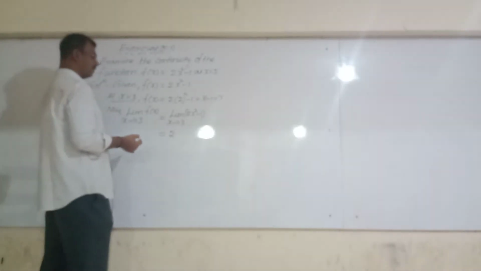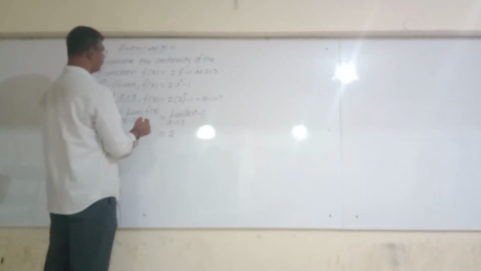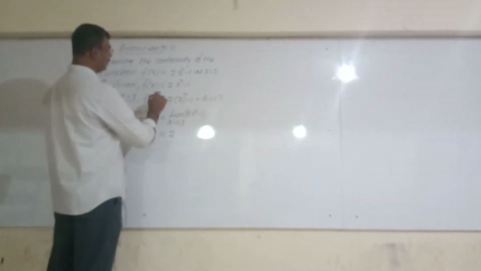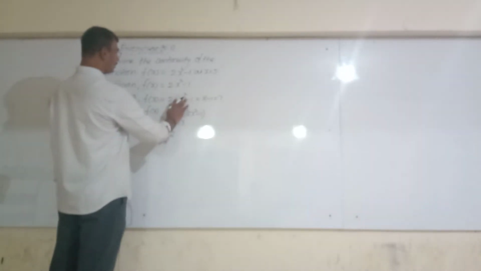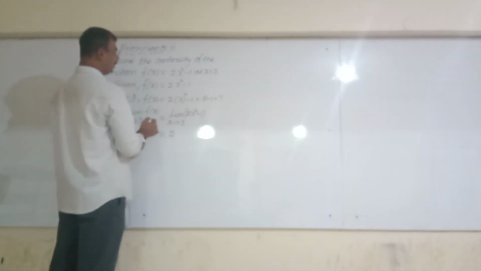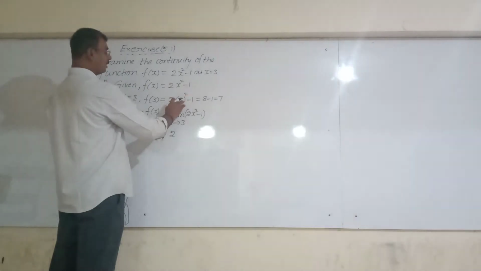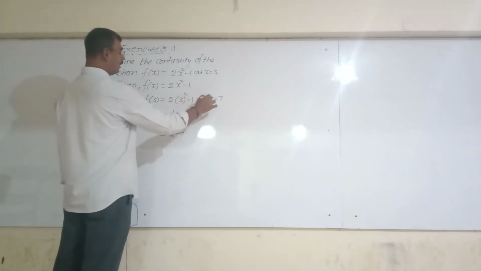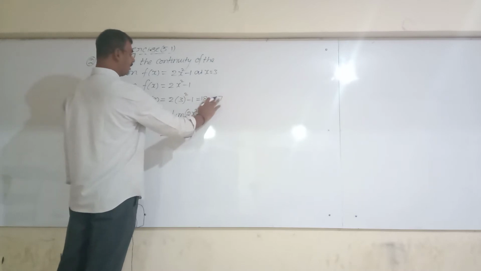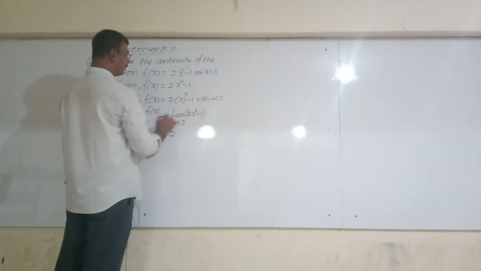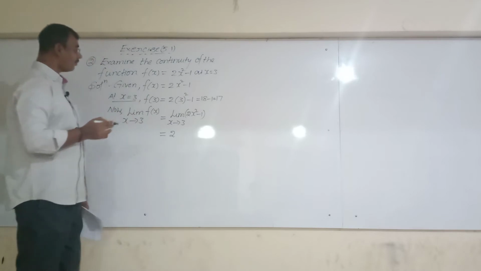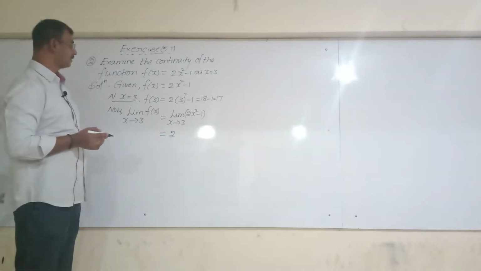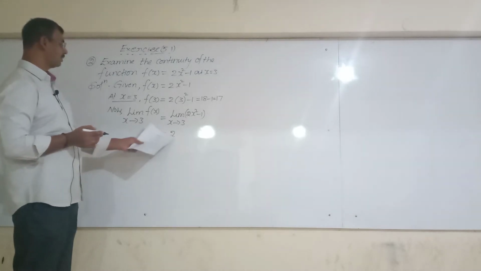Substitute x equal to 3. 2 into 3 square minus 1, that is 2 into 9, 18, minus 1, that is 17.